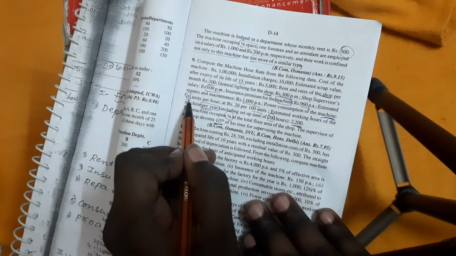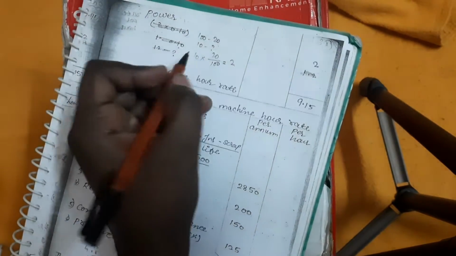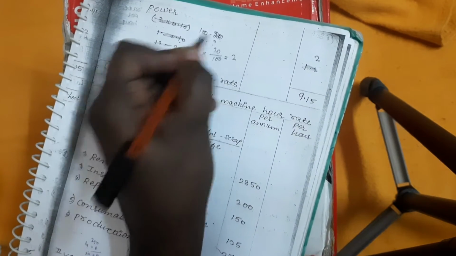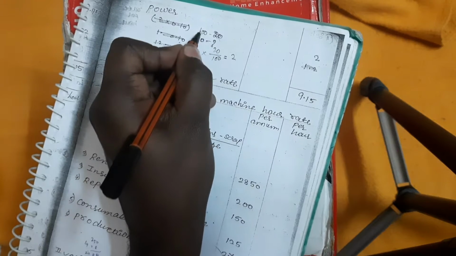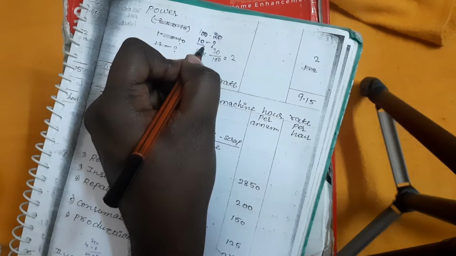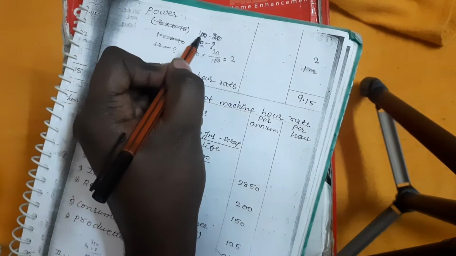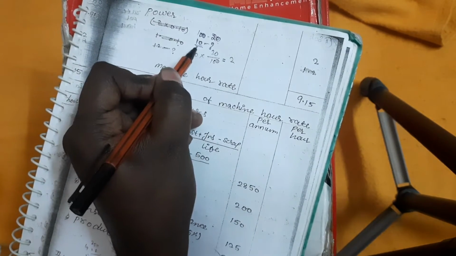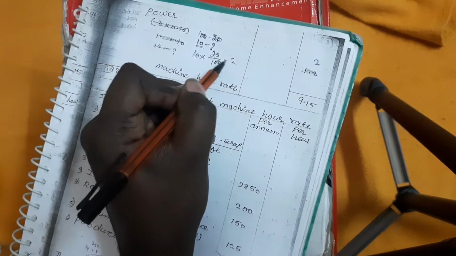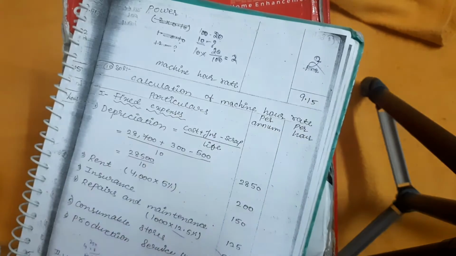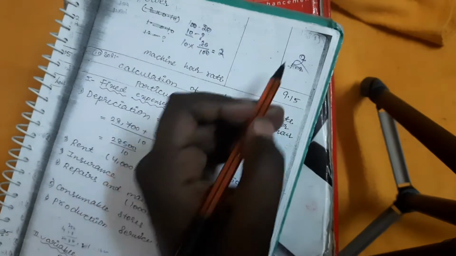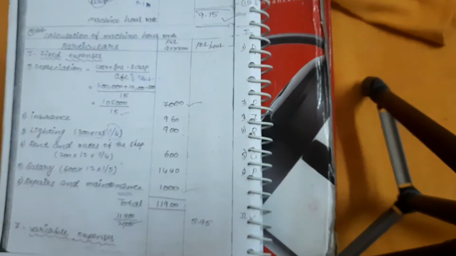So for every 100 units, if the cost is 20 rupees, what is it for 10 units? It will be 10 into 20 by 100, which is 2 rupees. So here 5.95 plus 2 rupees.